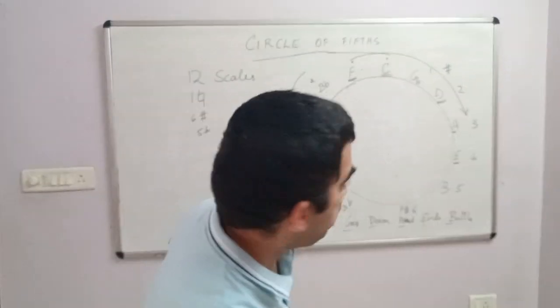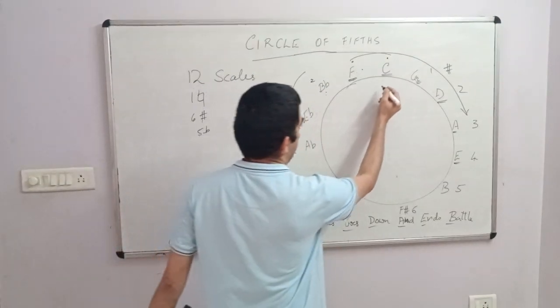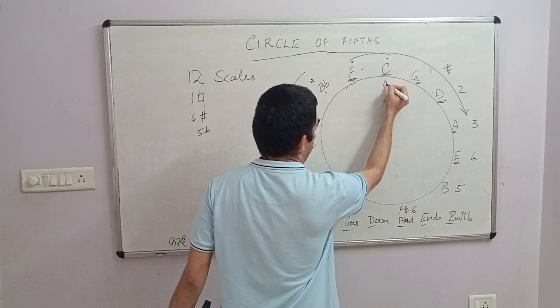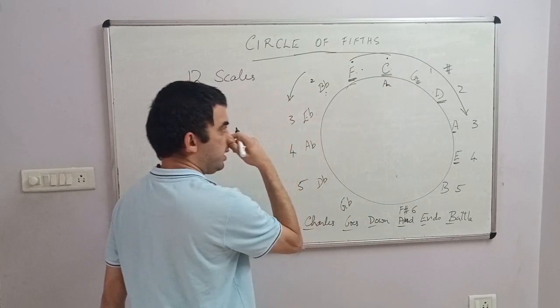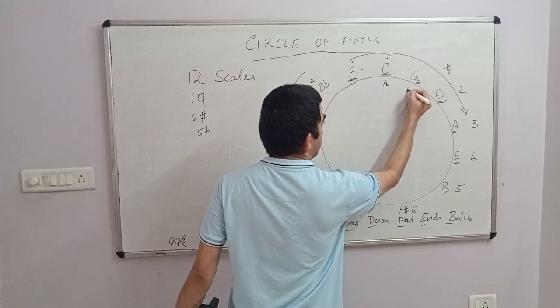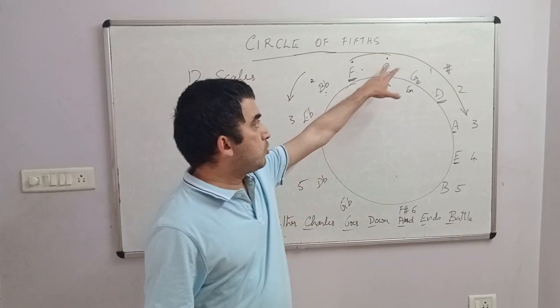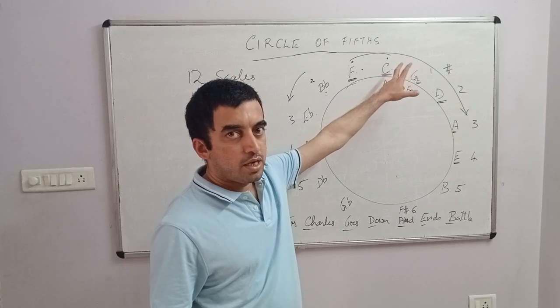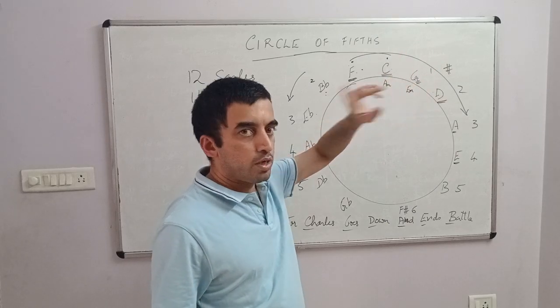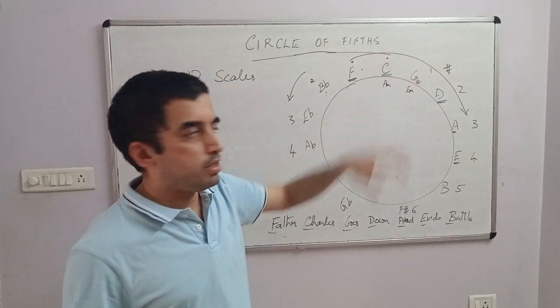Okay, corresponding to these major scales, we will have the minors, right? So the E minor will be here. Okay, E. Now, how do you find out the minor? The sixth note of every major. When you start the new scale from that, you get the minor. You can go back to your minor scale classes and you understand.